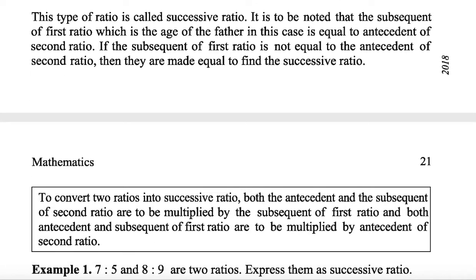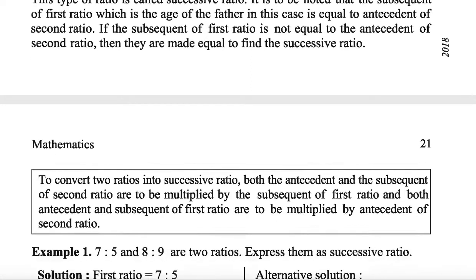It is to be noted that the subsequent of the first ratio, which is the age of the father in this case, is equal to the antecedent of the second ratio. If the subsequent of the first ratio is not equal to the antecedent of the second ratio, then they are made equal by multiplying with some number, both numerator and denominator, to find the successive ratios.